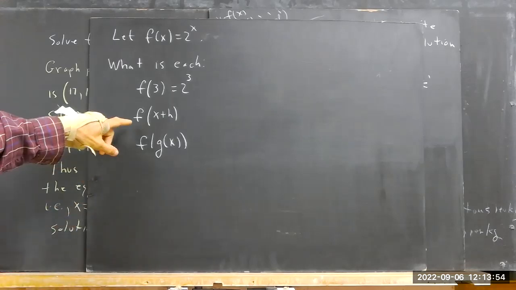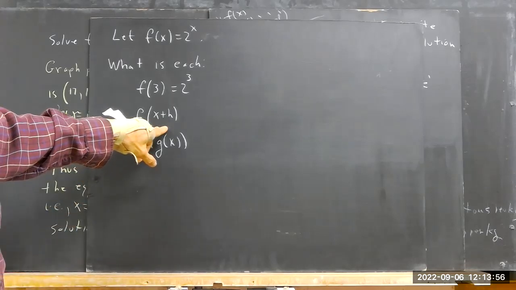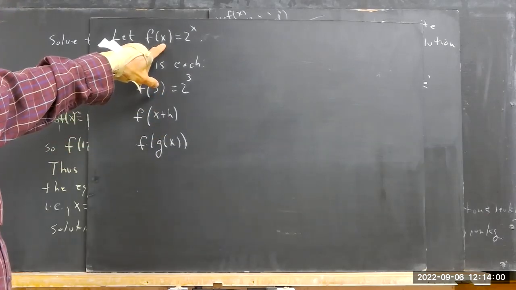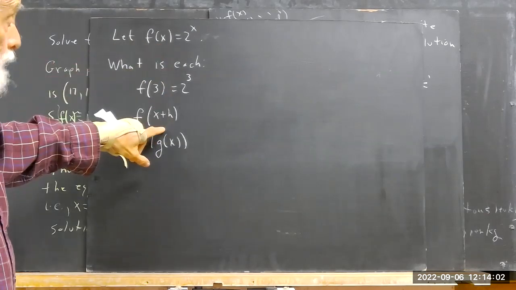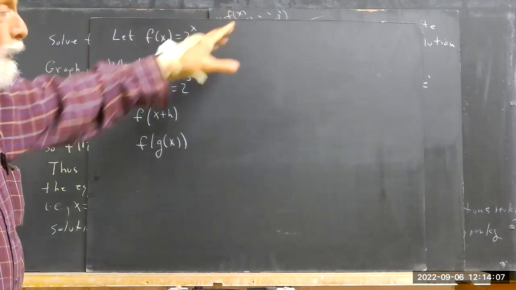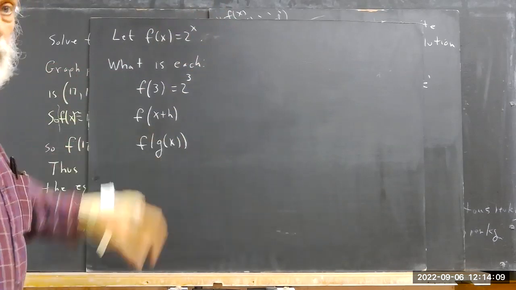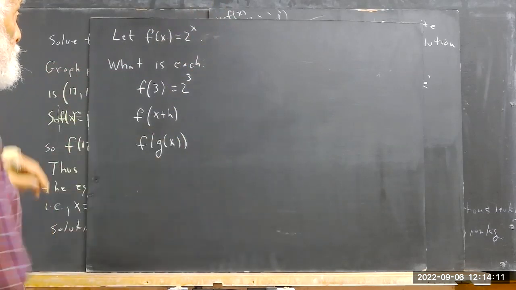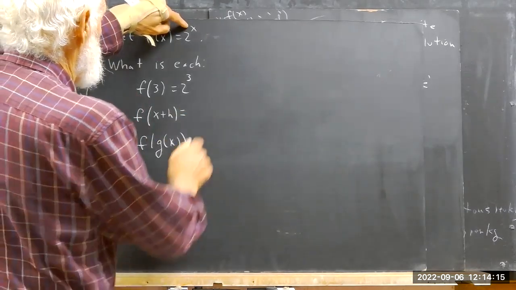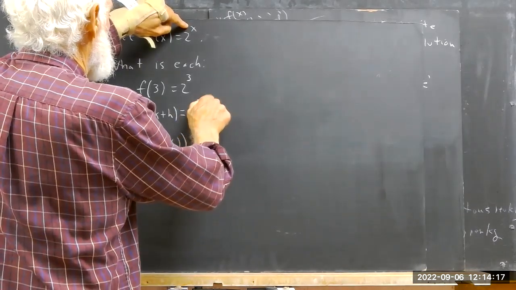Now, what about f of x plus h? Well, x here has been replaced by x plus h. So wherever I see an x in this whole definition, I've got to replace it by x plus h. Well, where do I see an x? I see it here. So that's going to be 2 to the x plus h.